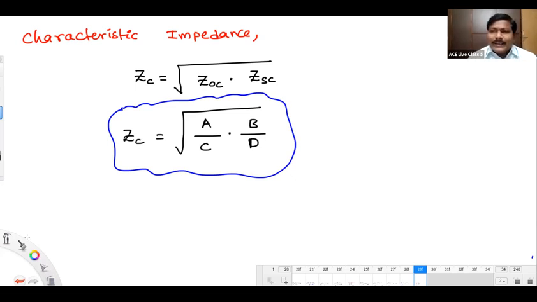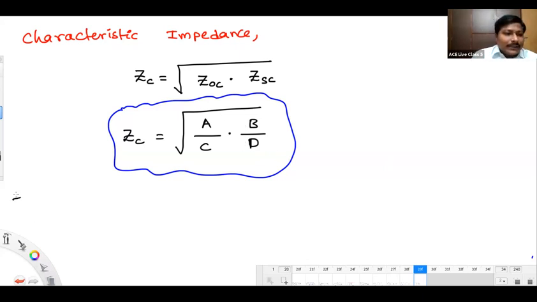Now let's discuss a little about the properties of a network. First property, symmetry property. When will we say that the network is symmetrical? If parameters A and D are equal, then we say the network is symmetrical.